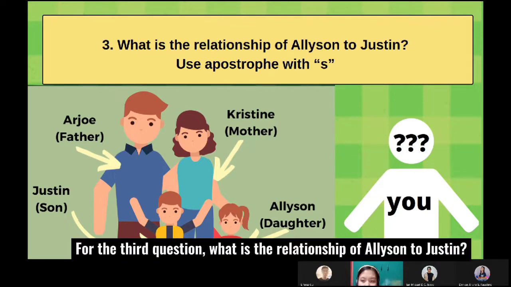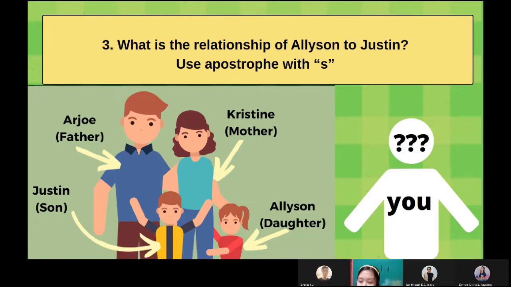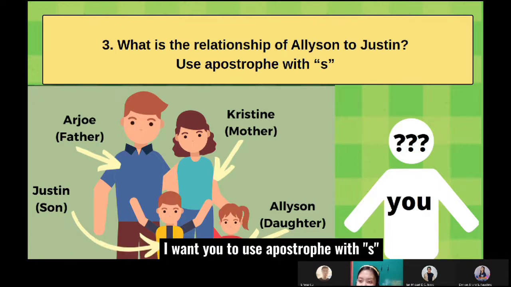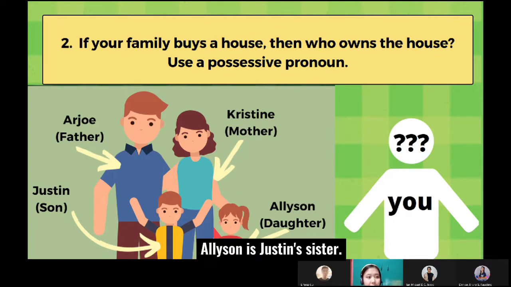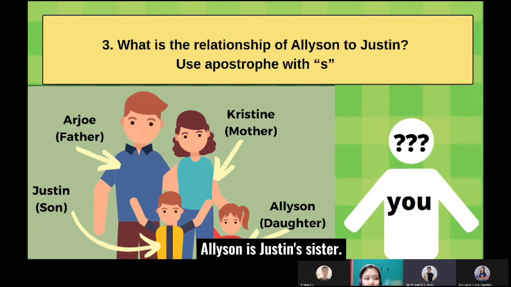So for the third question, what is the relationship of Allison to Justin? Now I want you to use apostrophe with S. The rule of apostrophe with S. Oh, may I call Ian? Allison is Justin's sister.